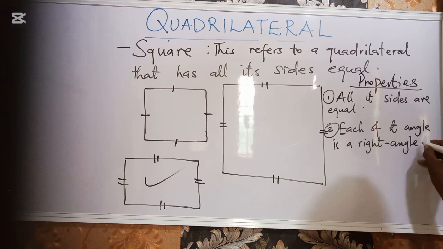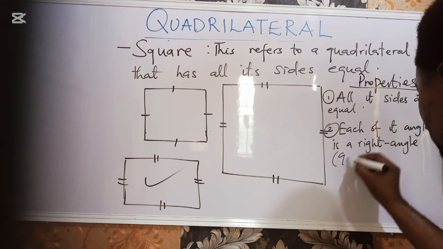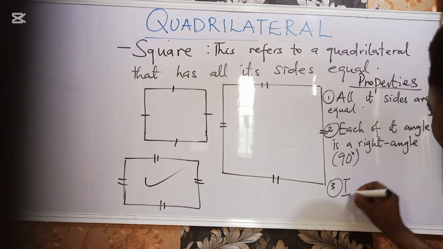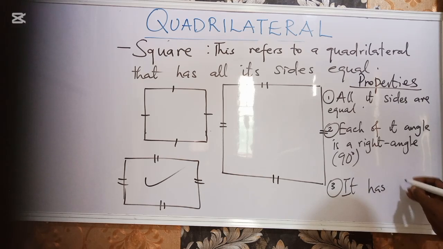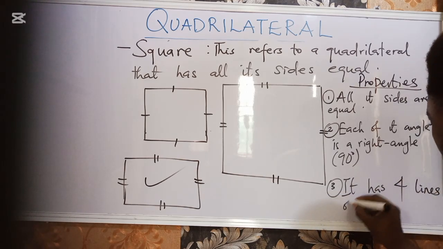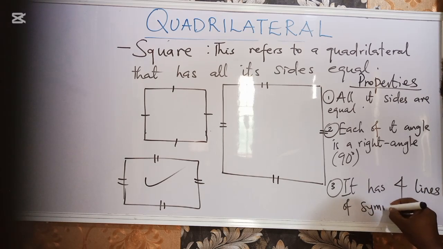And I told you right angle means what? 90 degrees. The third one, it has 4 lines of symmetry.